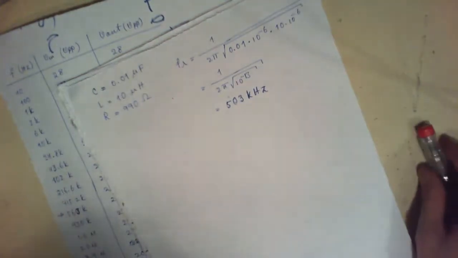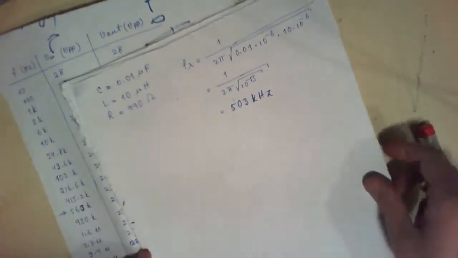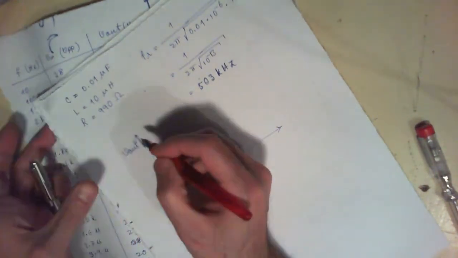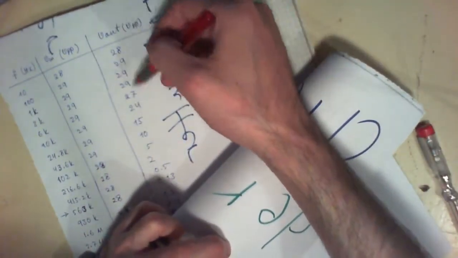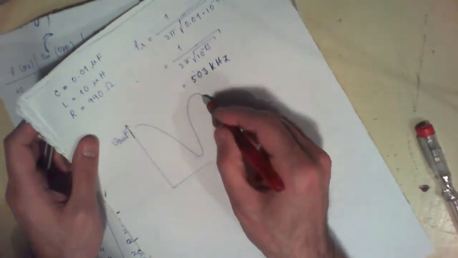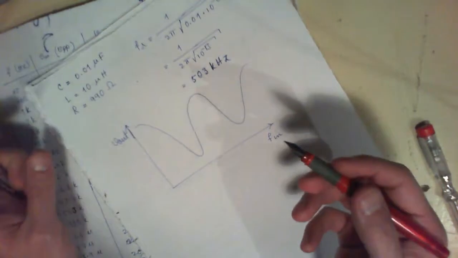Now what we want to do is a graph of V out, this output voltage over here, versus frequency, the input frequency f in, and you would get some function like this or something like that.